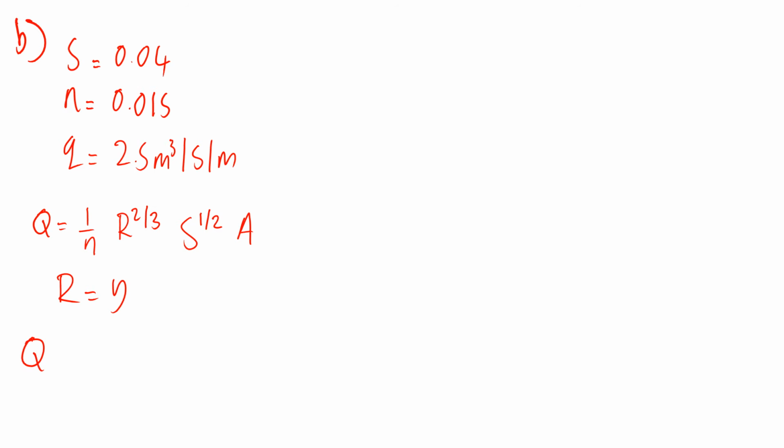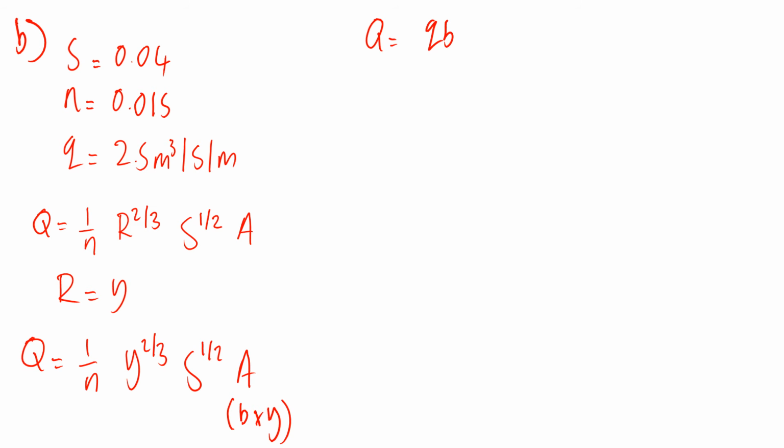So Q equals 1 over n, Y to the 2 over 3, S to the half times A, and then again area, which is just B times Y. Now we know that q equals Q over B, so you can do this.